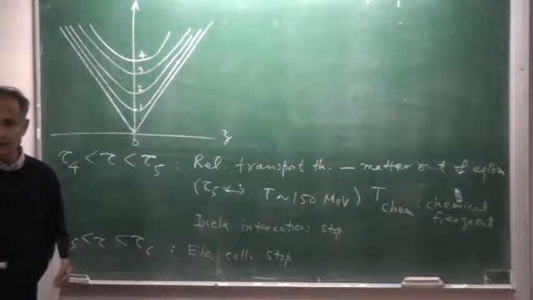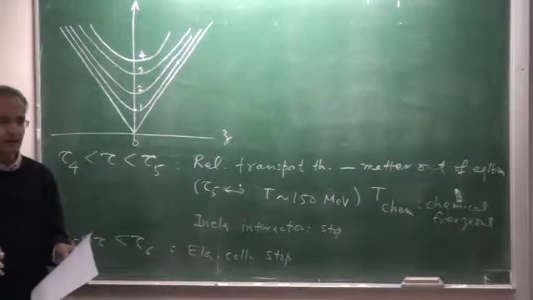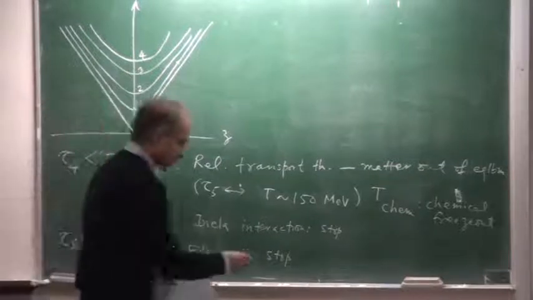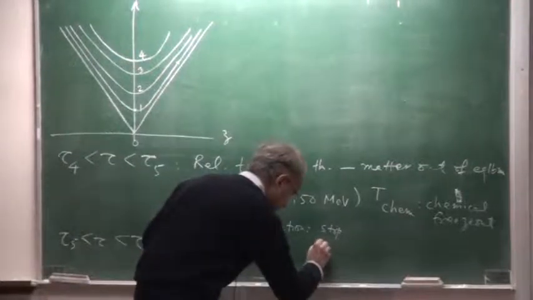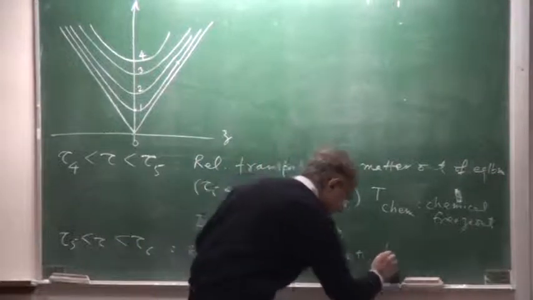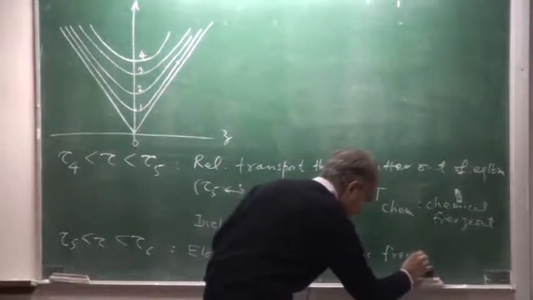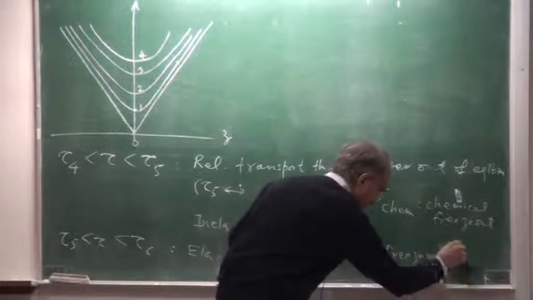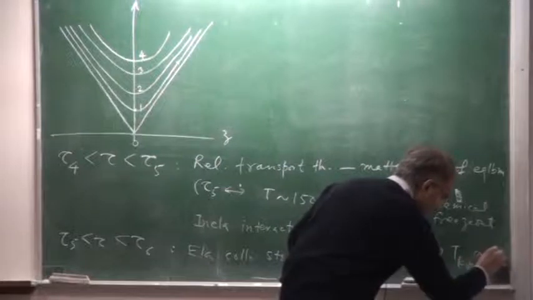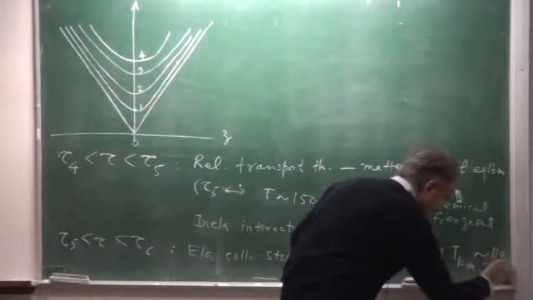Right? So the particles are not even interacting elastically, their energy momentum cannot change. So that is what is called kinetic freeze out. And it is approximately again 110 or 120 MeV.